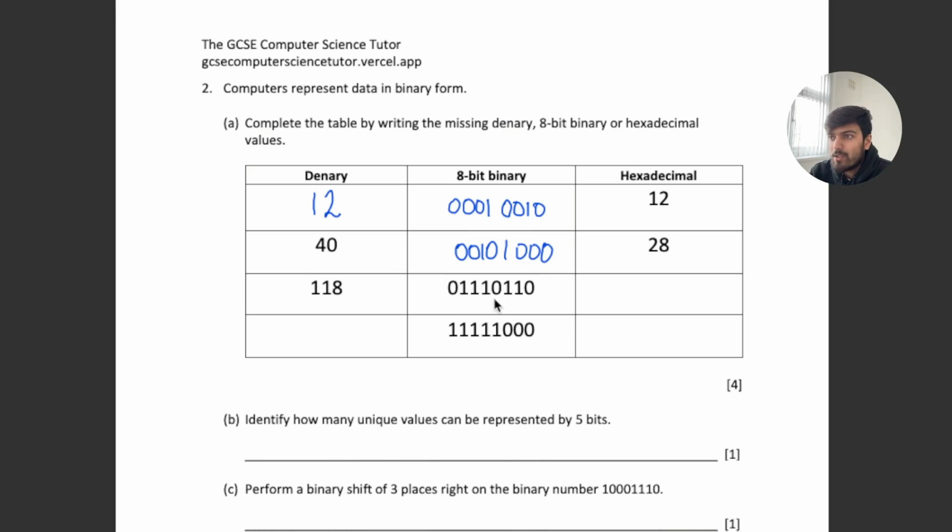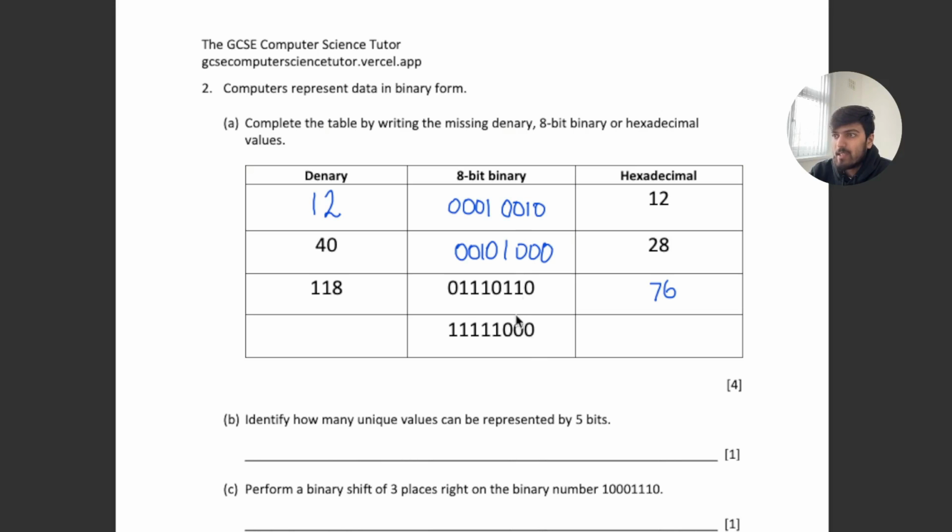And here we're going to do the same thing and split this up into 2 partitions. The right hand side is 2 plus 4, which is 6, and on the left hand side we have 1, 2 and 4. 4 plus 2 plus 1 is 7. So 76. And if you add this up using normal binary, you should get 118.